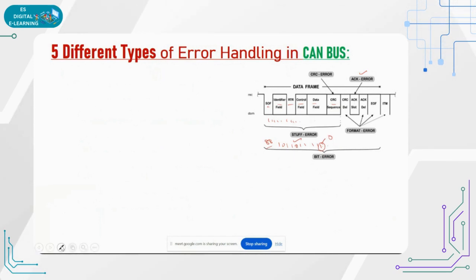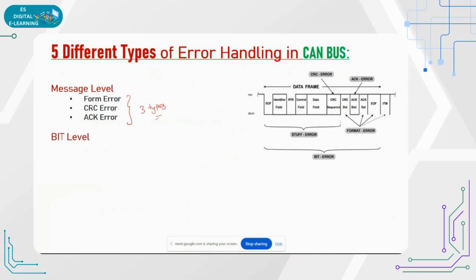Okay, so let's discuss in detail about each and every error frame format. These five different types of errors occur on two levels. First one is the message level. The message level gets the form error, the CRC error and the acknowledgement error. These are on the message level, and then the bit level.